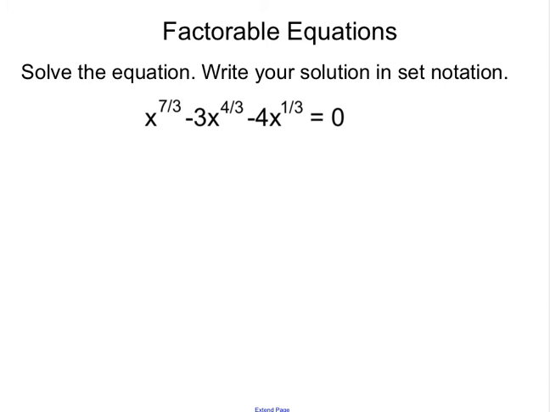Next, let's see what else. Here's another equation that I'd like to solve. I did a problem like this in class, but it was pretty quick, so I want to give you a little bit more explanation.